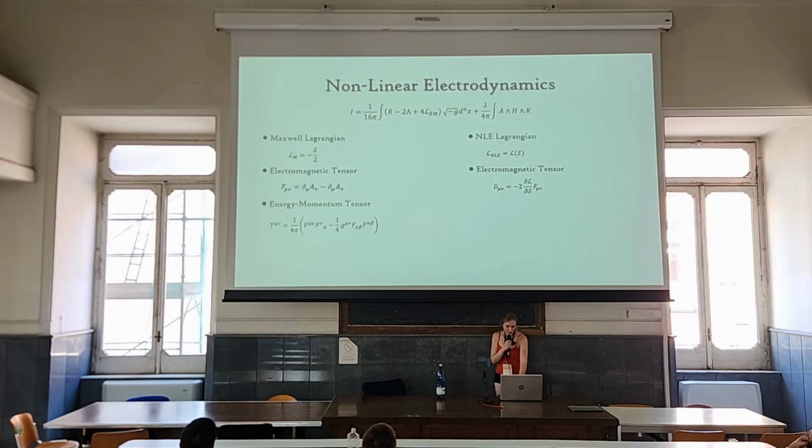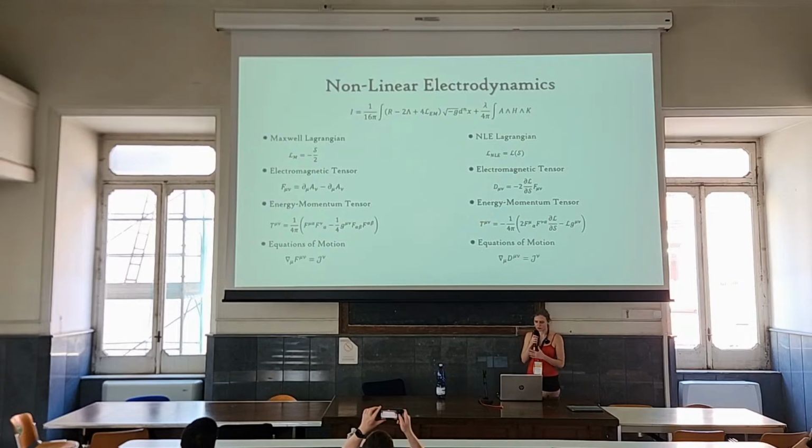Then instead of this energy momentum tensor, you obtain the energy momentum from nonlinear electrodynamics, which looks like this. And finally, the equations of motion will have the same structure, but you will replace F mu nu with D mu nu.